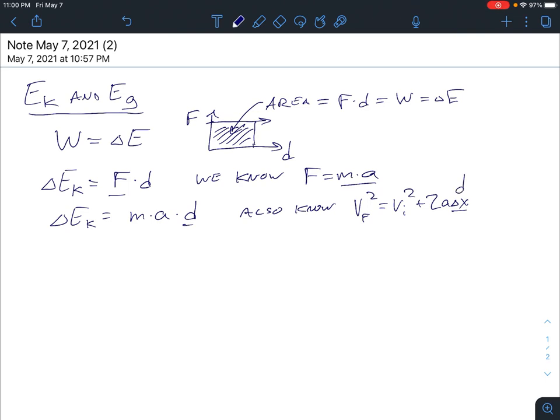And I'm going to do a little bit of rearranging of this equation. I'm going to subtract the vi over to this side, and then I'm going to divide both sides by 2. So just a little algebra there. So that's equal to ad, right? I subtracted that over, and then I divided by that 2. And since that's a times d, and I've got a times d right here.